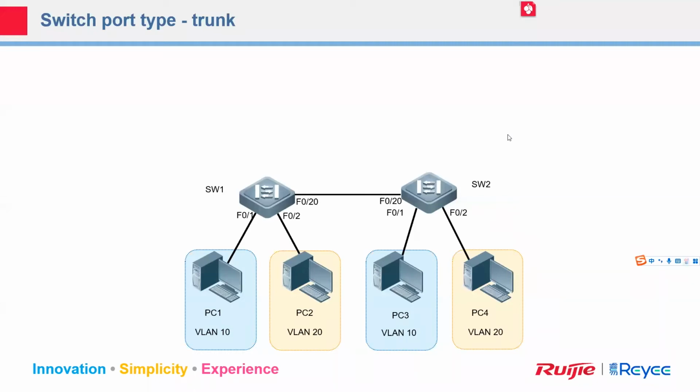Let's see the process. For example, now we have switch 1 and switch 2, let me use a pen for you. PC1, this is the access interface belonging to VLAN 10, right? This is an interface belonging to VLAN 20. Okay, I have a question for you. What's the VLAN of this interface?